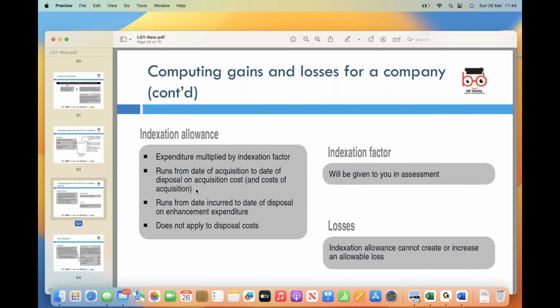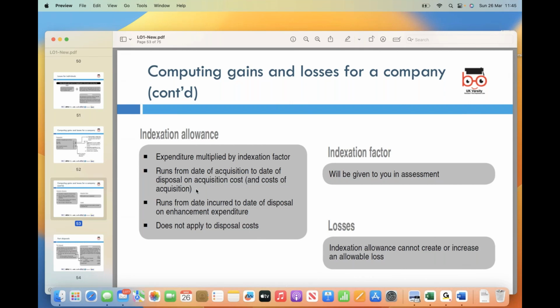So calculate the indexation allowance, which is only available to companies. The allowance adjusts the cost of the asset for inflation, so that the gain is only taxed on the real increase in value rather than the increase due to inflation. Deduct the indexation allowance from the cost to arrive at the adjusted cost.